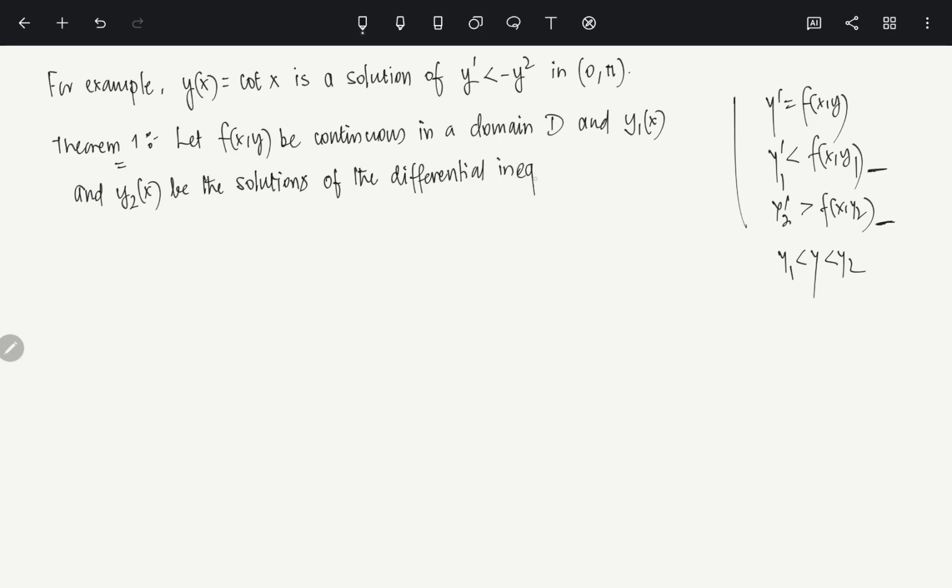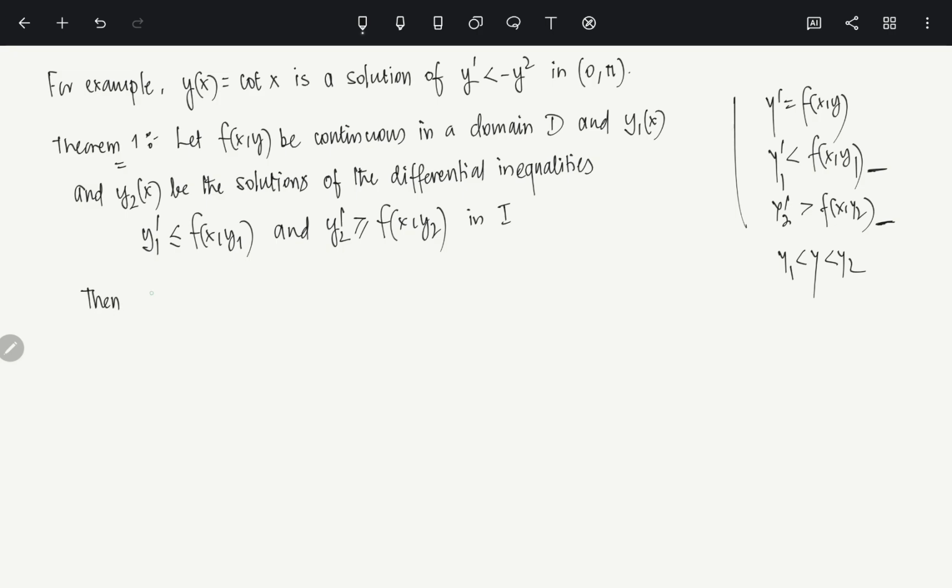So these are called differential inequalities, right? y1 prime is less than or equal to f of x, y1, and y2 prime is greater than or equal to f of x, y2, right, in whatever the interval where y1 and y2 are defined, the common interval.